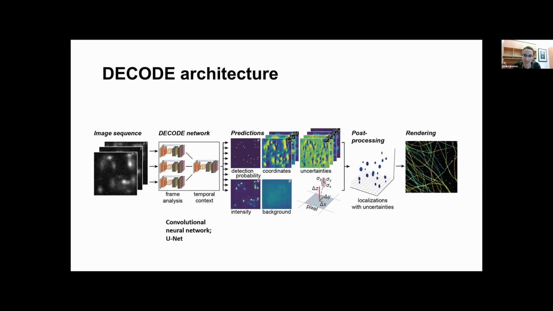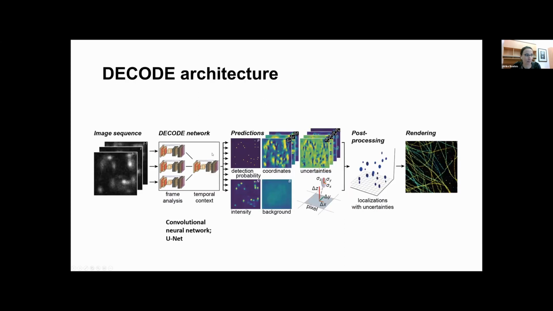And when it's properly designed for your specific purpose, your specific instrument, and your specific fluorophore, it can do these types of predictions in order to get good single molecule localization microscopy data way better than it was done before. So, as I said, the secret ingredient is this convolutional neural network, and furthermore also taking into account the temporal context.